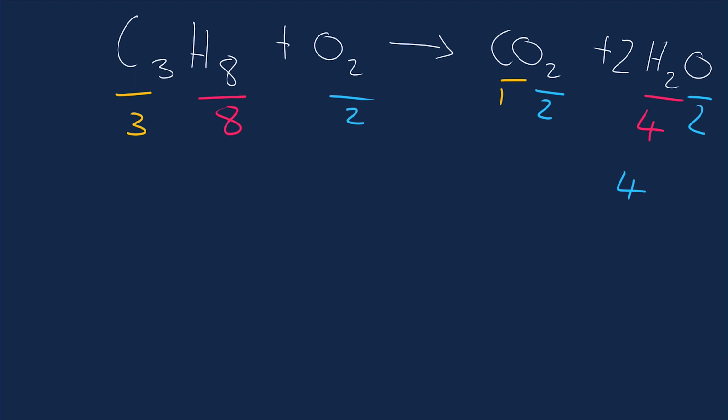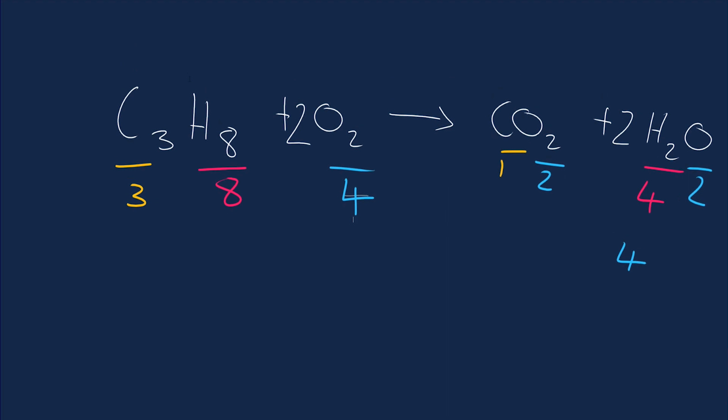So now we have 4 oxygen on this side of the equation, and then we could say, right, let's put a 2 in front of this, and now we have balanced the oxygen. Except now, the rest of the equation still needs balancing. We still need to change carbons and hydrogens in order to ensure carbon and hydrogen are balanced.